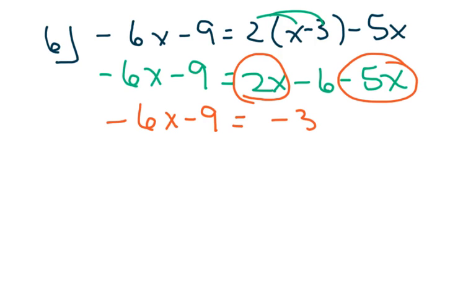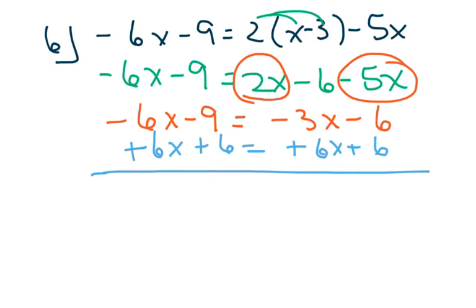So I get negative 3x minus 6. Now here's where I'm going to do multi-step. I'm going to go a little faster. I want my x positive. I'm going to add 6x here, and then I'm going to add 6 here.